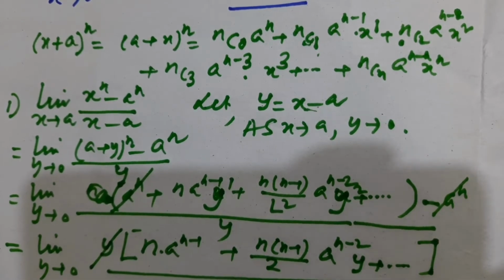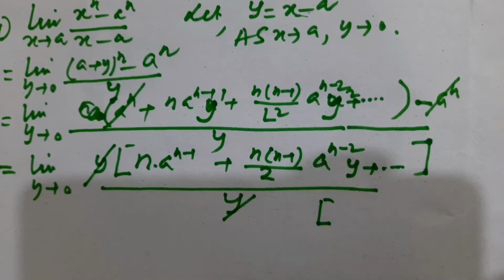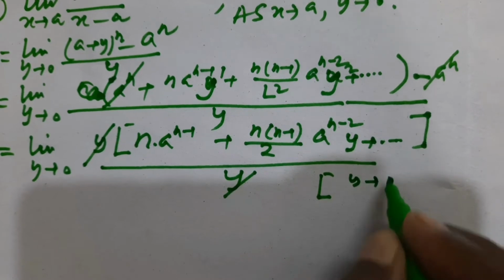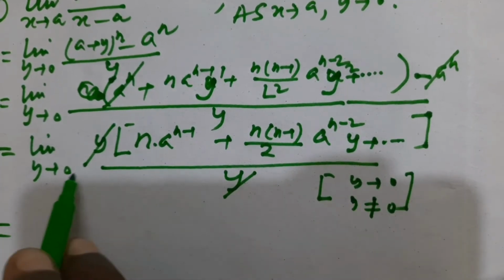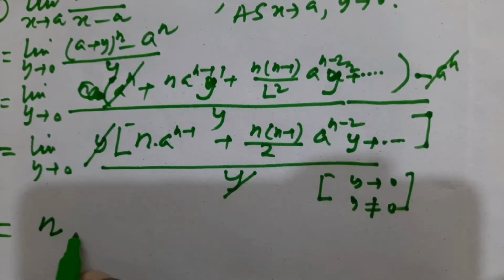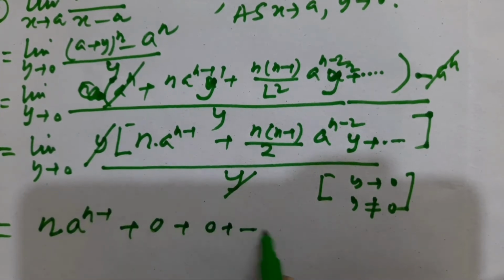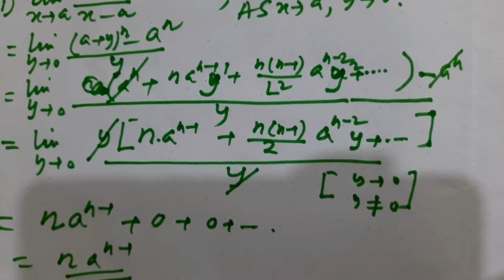Since y tends to 0, y is never 0, so therefore put y as 0. You get n into a to the power n minus 1 plus 0 plus 0 plus 0, so therefore only n into a to the power n minus 1. The first formula is proved.